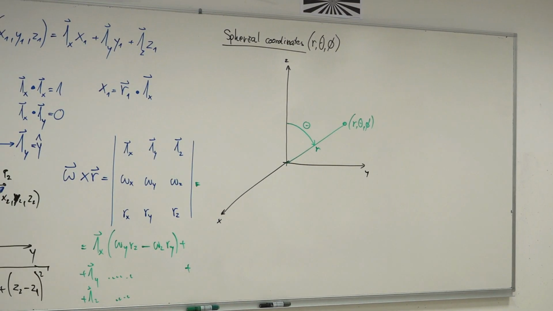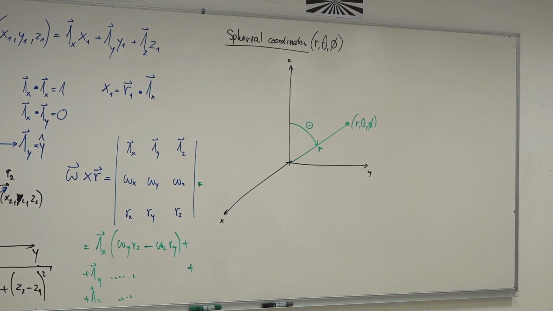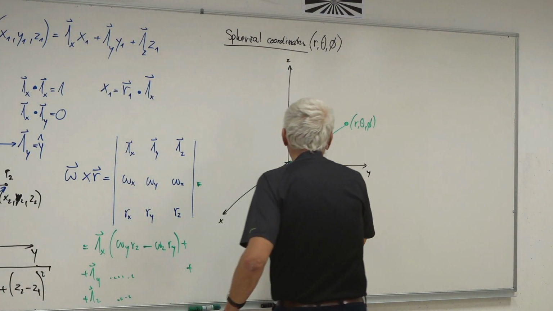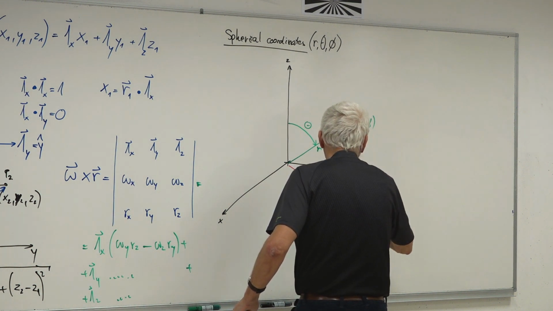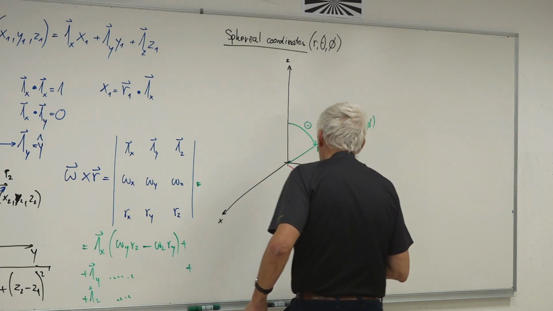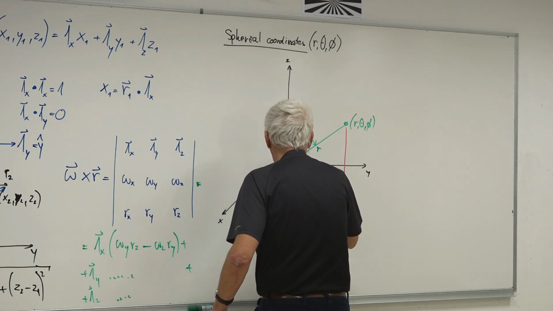I'm just trying to take a different color. If we make a projection of this point on the plane xy, this angle here is actually the longitude phi.